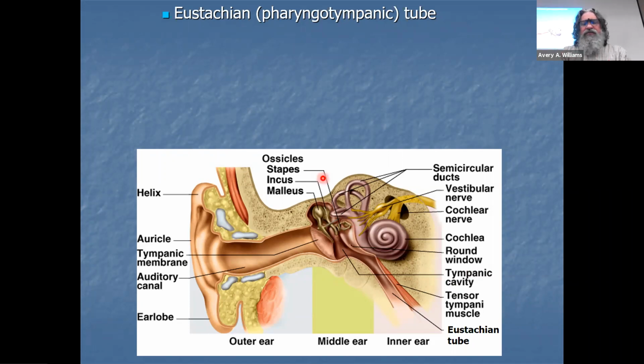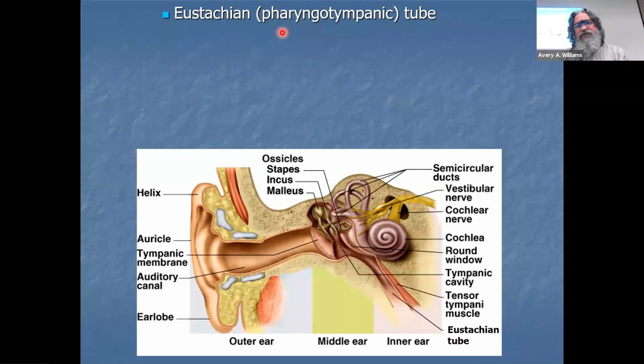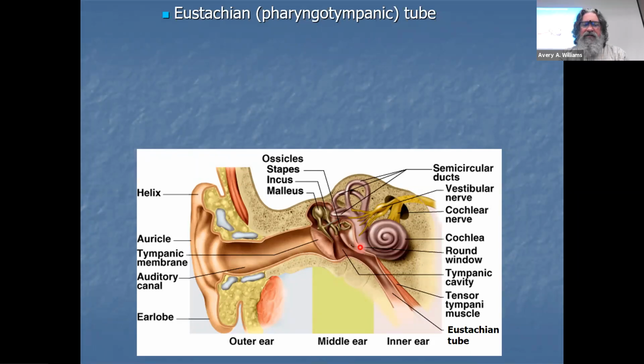Now, other structures of the tympanic cavity, or the middle ear: the eustachian tube. This is this long tube right here, the eustachian tube, which is actually an eponym. That's actually named after somebody. The non-eponym term, I guess, is pharyngeotympanic tube. Pharyngeo for pharynx and tympanic for tympanic cavity.